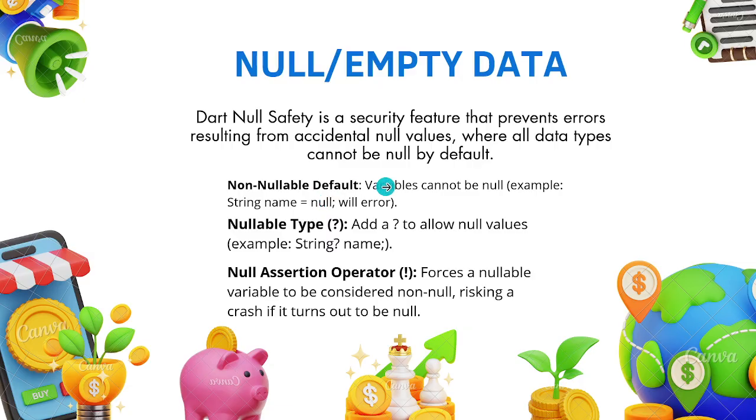Non-nullable is different from the three variants: non-null default, nullable type, and null assertion operator. Non-null default: a variable cannot be null, for example String name; null will cause an error.